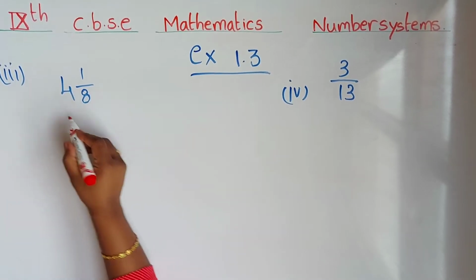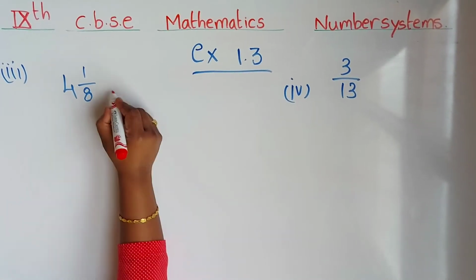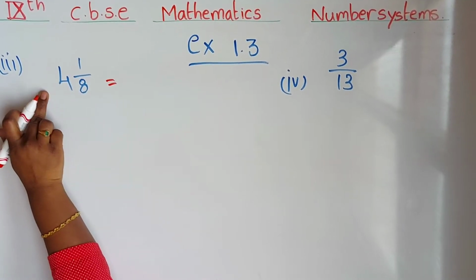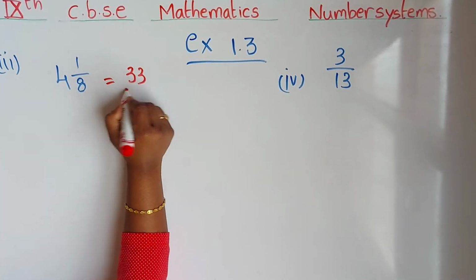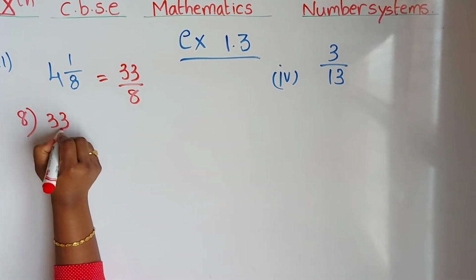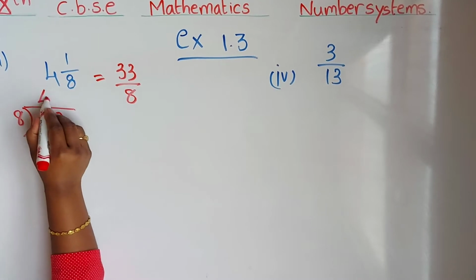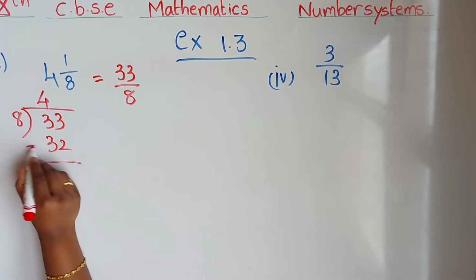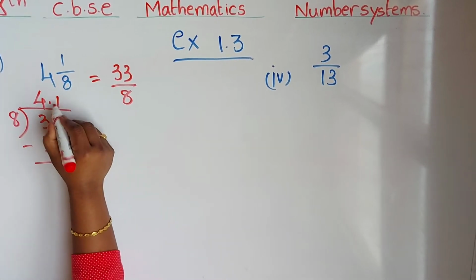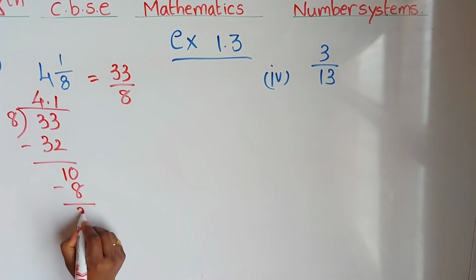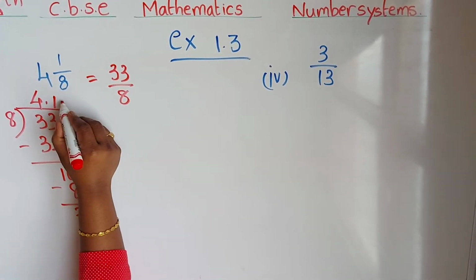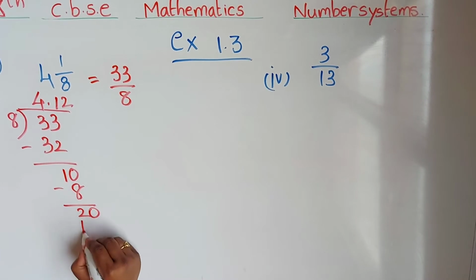Question 3, children, 4 1 by 8. This is a mixed fraction. Now we have to change this into an improper fraction. 4 8s are 32 plus 1, 33 by 8. Now we will do division. 8 4s are 32, children. Remainder is 1. Here I am writing the point and 0. 8 1s are 8. Now the remainder is 2. Point is there. I can write 0. 8 2s are 16.